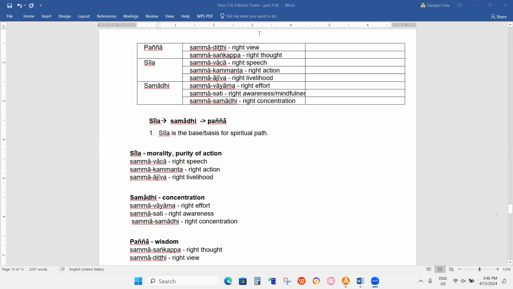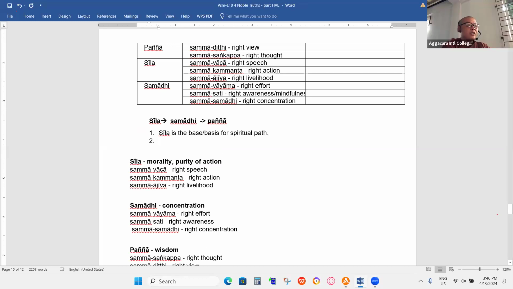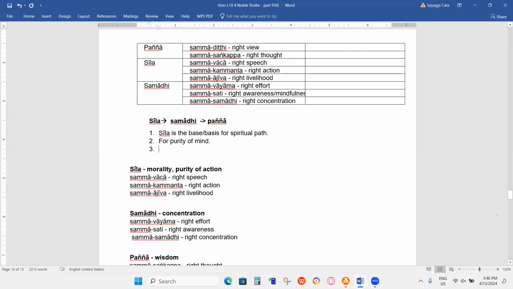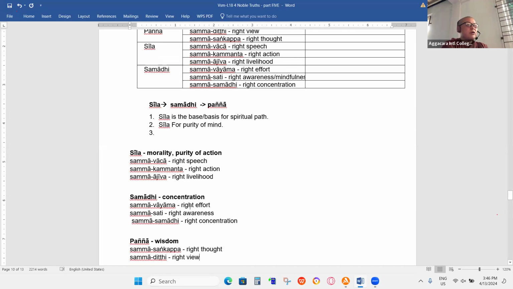So sila is the base, I believe. So for the spiritual path, also for the purity of mind, as you said just now. Yes, because due to sila you will get right concentration, right effort. Samadhi means your mind is concentrated, not wandering around. Okay, we can take it.